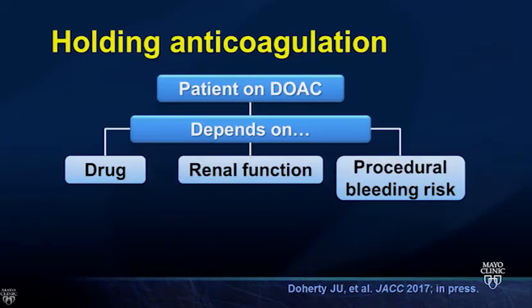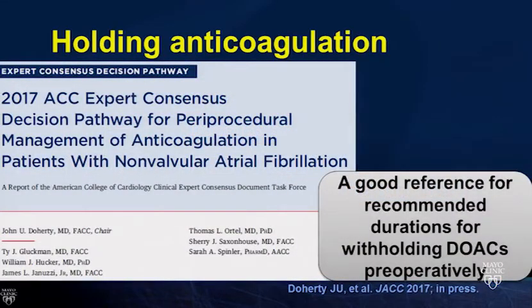Talking about all of the different iterations of that is beyond the scope of this talk. I will refer you to this in-press but published online consensus statement from the American College of Cardiology. There's a very nice table in here looking at all of the different scenarios and helping you decide when to hold your direct oral anticoagulant.